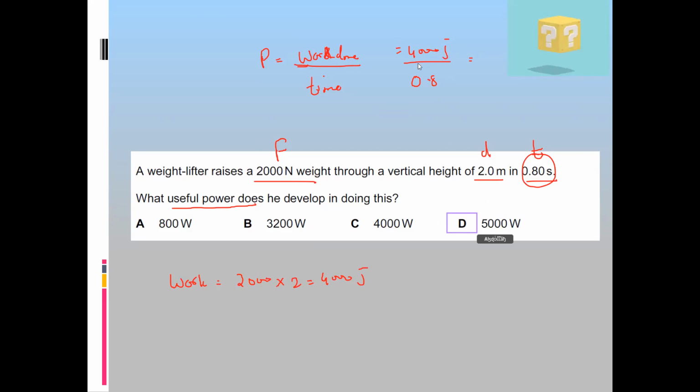So 5000 watts, so D will be the right answer. Is this question, this example, clear? Yes, Abdullah Khan, Saim. Is it clear?